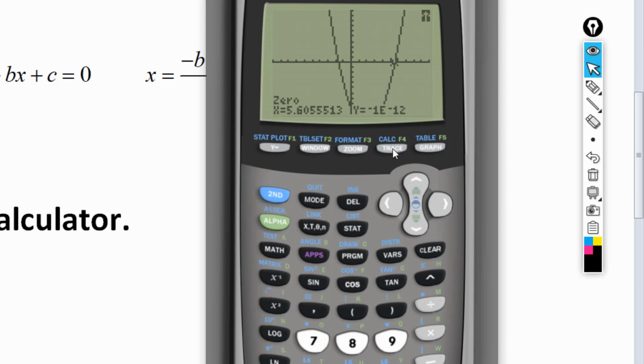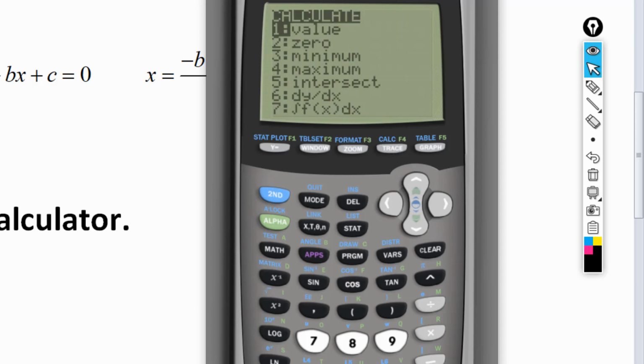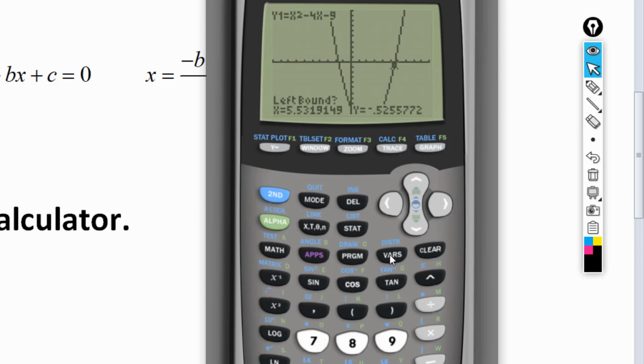And then we do the same thing again. Second, calculate. Enter, hit the number 2 key. And then left bound. Bring the cursor over to the left of that first point. Right, past the point. Hit enter. Now once the right bound, hit enter again.